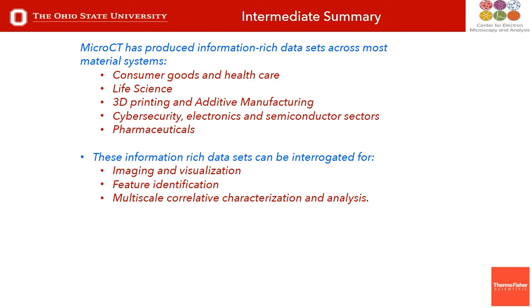And in doing that, we can get an imaging and visualization of the features non-destructively. We can do feature identification to figure out where further analysis should be performed. And then what we really like to do is this multiscale correlative characterization, right? Where we can combine CT with analytical electron microscopy to give you structural information as well as chemical and phase information. So thank you very much for joining us today and your time.